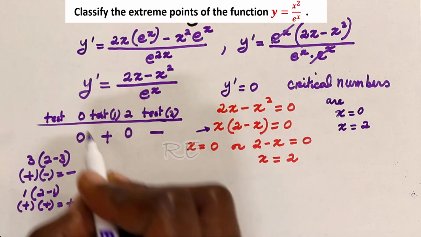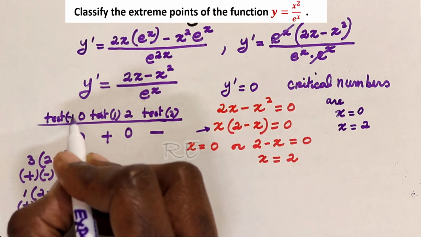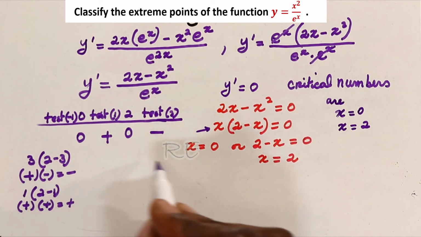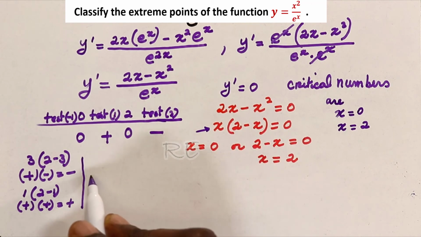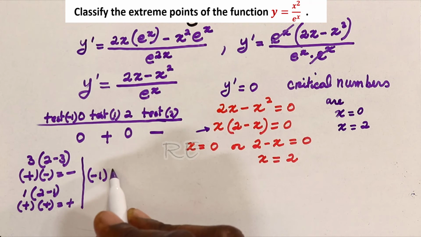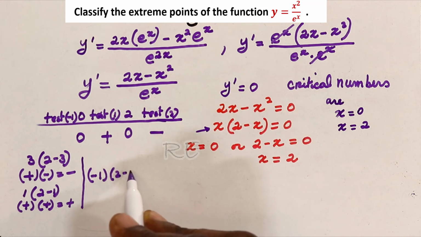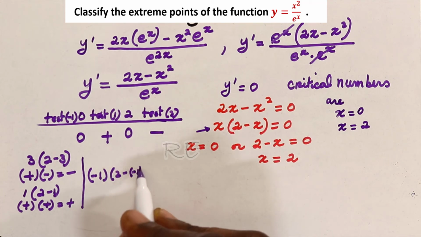And on that side, we will test for negative 1. And the derivative will be negative 1 times 2 minus negative 1.